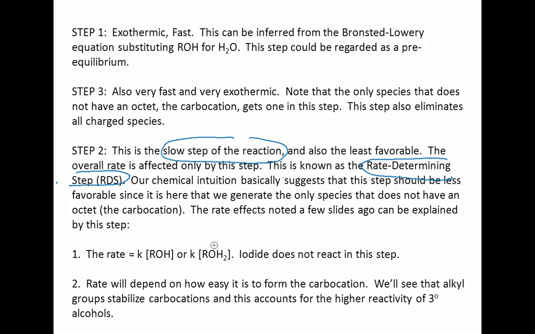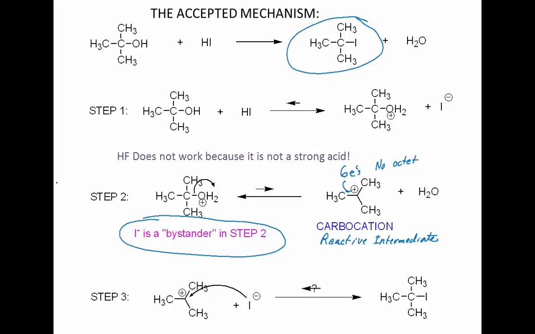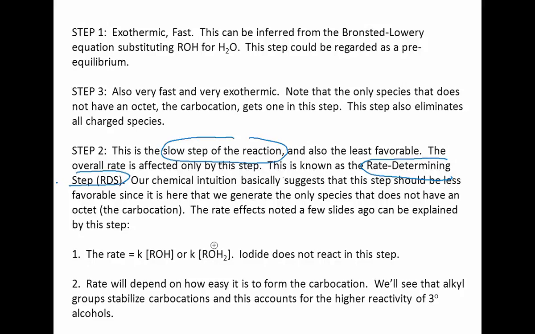The rate effects that we noted a few slides ago can be explained by this step. First, the rate. Why is the rate first order? The rate is first order because in step 2, there is no iodine. Notice that it's just a bystander here. It is not involved in the reaction equation. So only water, or more accurately the protonated alcohol, appear in the rate equation.